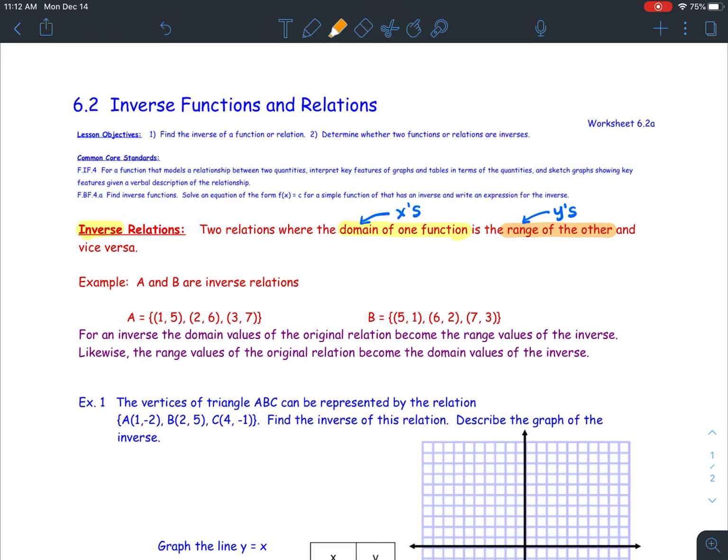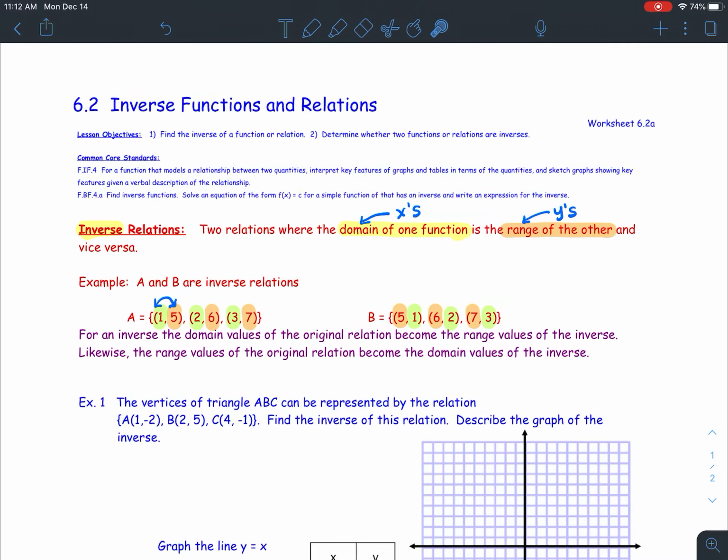What you'll notice is that everything that was the domain in relation A has become the range in relation B, and everything that was the range in relation A has flip-flopped and become the domain in relation B. Essentially, when you want to create the inverse, you just flip-flop the x and y. So instead of the point 1, 5, you can see over here for relation B that has become the point 5, 1. And then 2, 6 becomes the point 6, 2, etc.